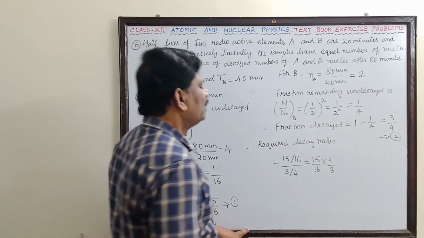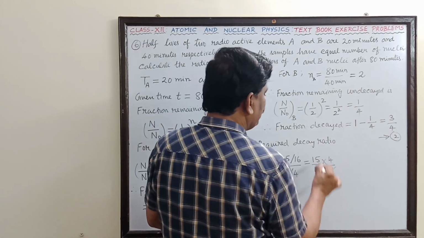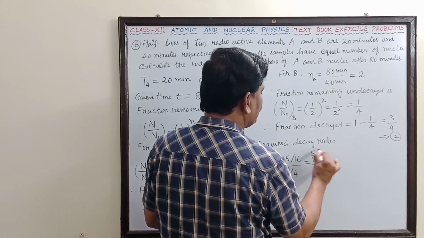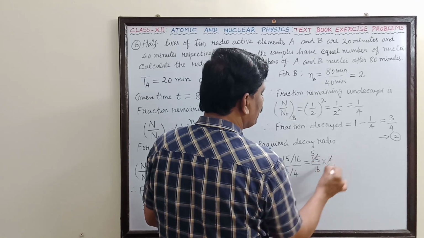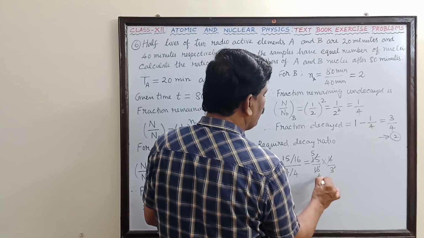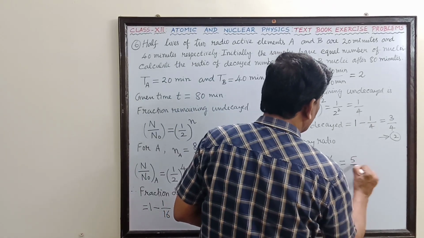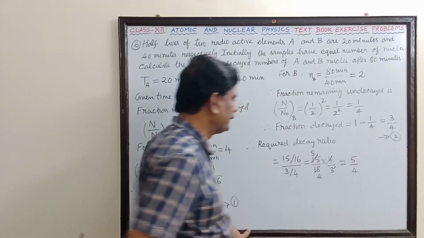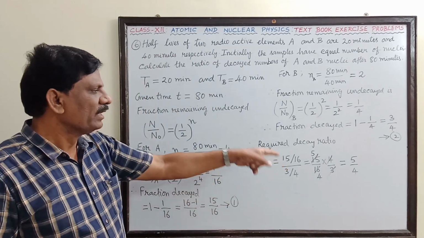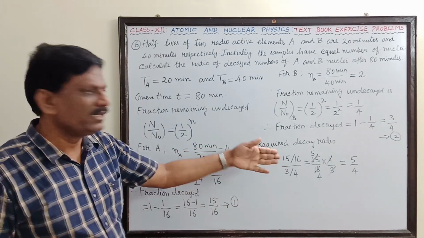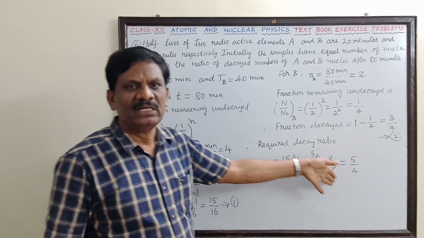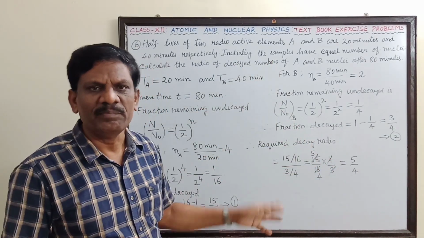Okay, 5 3s are 15, and this 4 can be cancelled. Here 4 4s are 16. So the required ratio is equal to 5 by 4. This is the required ratio of the decayed number of A with respect to B.